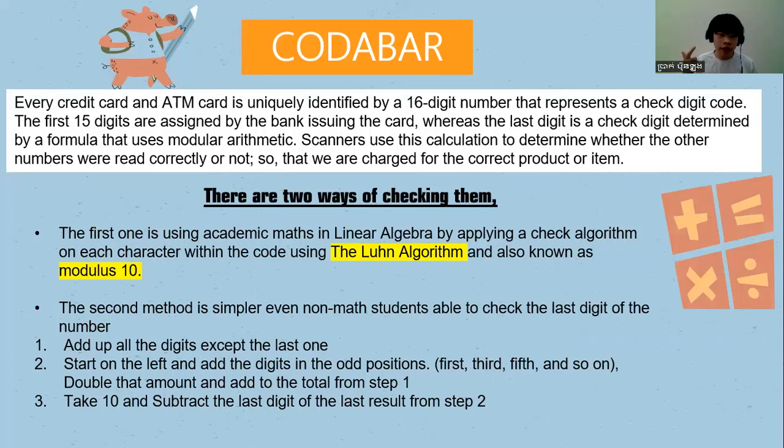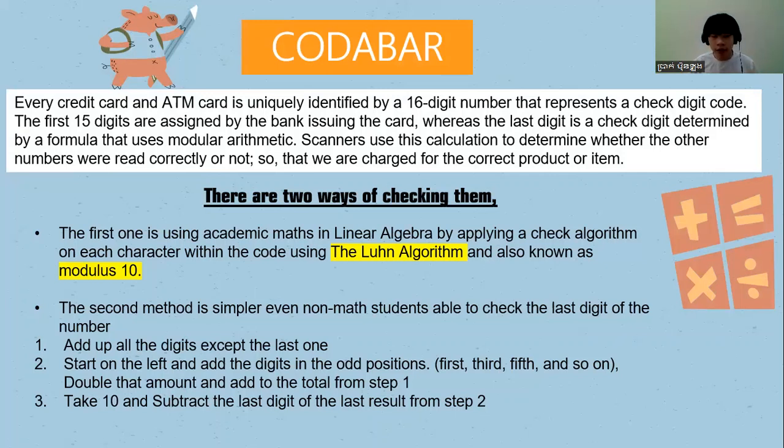The second one I found on the internet. It is much simpler. Even a non-math student or people that are not really advanced in math are able to check the last digit of the number.